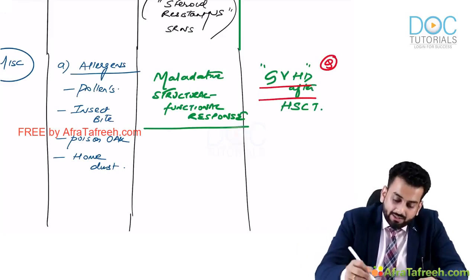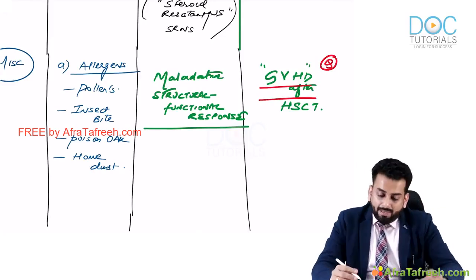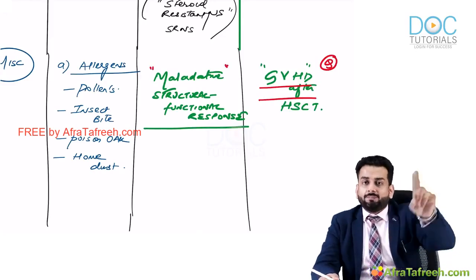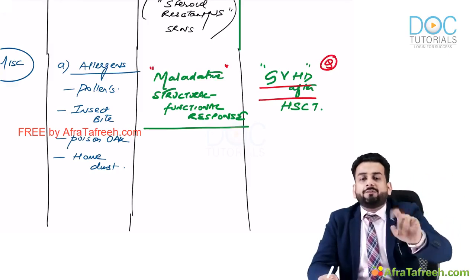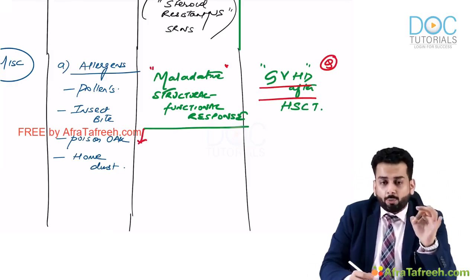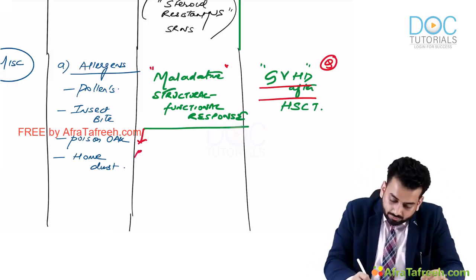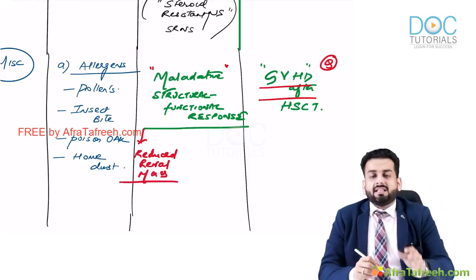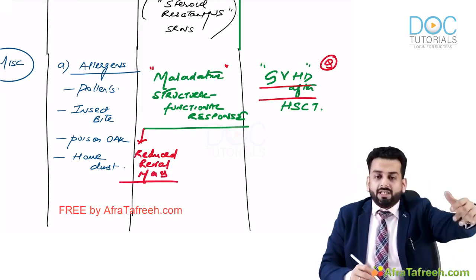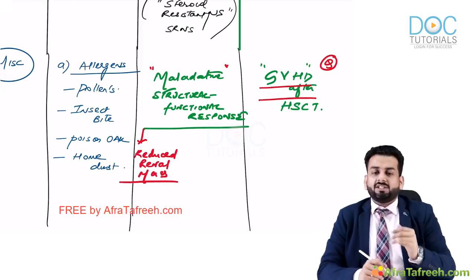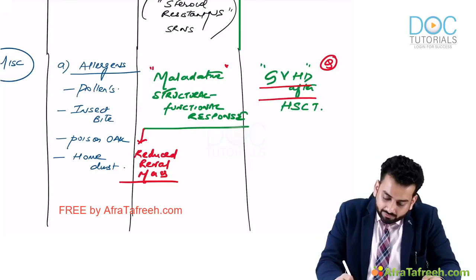So basically, pathogenetically, as you can understand, it was an adaptive response of the body to something that was not physiologic. So it is a maladaptive response to reduced renal mass, which basically means there were decreased functioning nephrons, or there is hemodynamic hyperfiltration injury on an initially normal kidney.